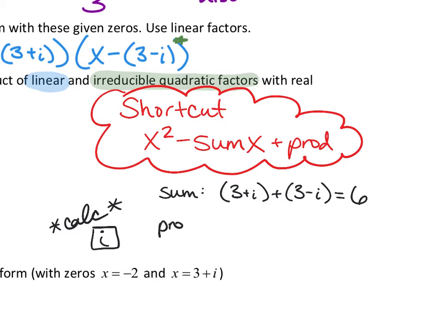And you can also find the product, 3 plus i times 3 minus i. That would give you 10 if you throw that in your calculator.